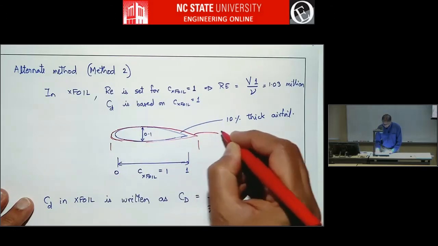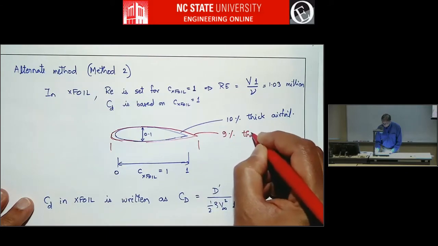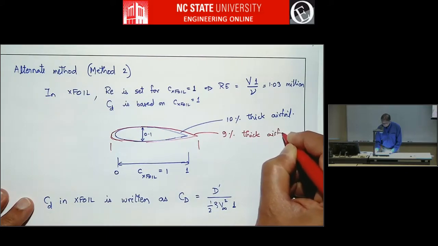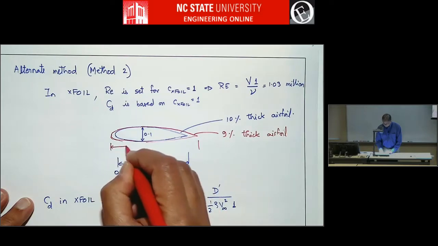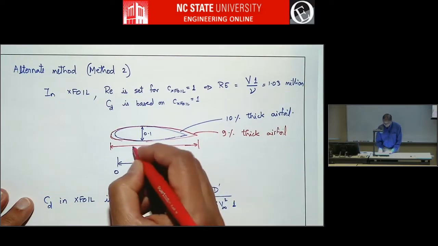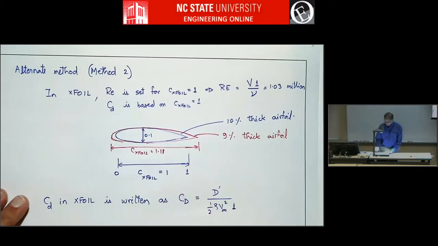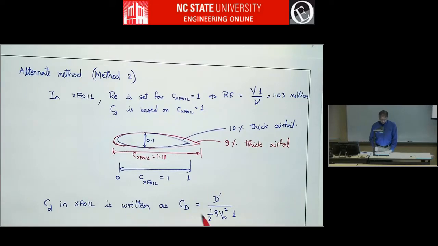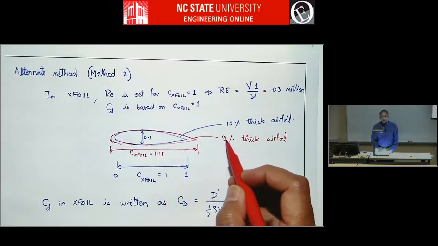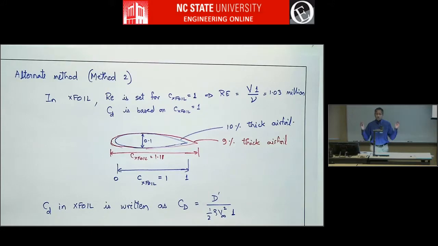So this is the 9% airfoil, and this C X-foil here is 1.11. It's 1 over 0.09. So inside X-foil, chord doesn't have to be 1. So you can actually go and say, reduce T over C to 9% and then increase the chord to 1.11.